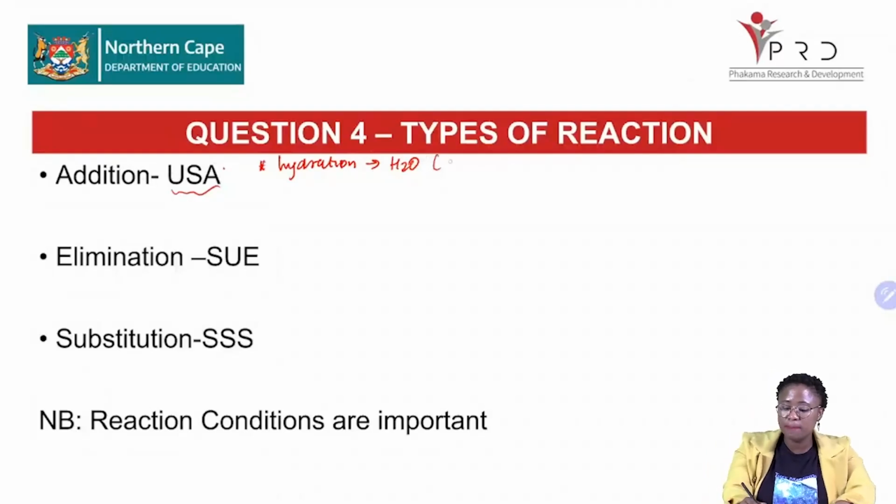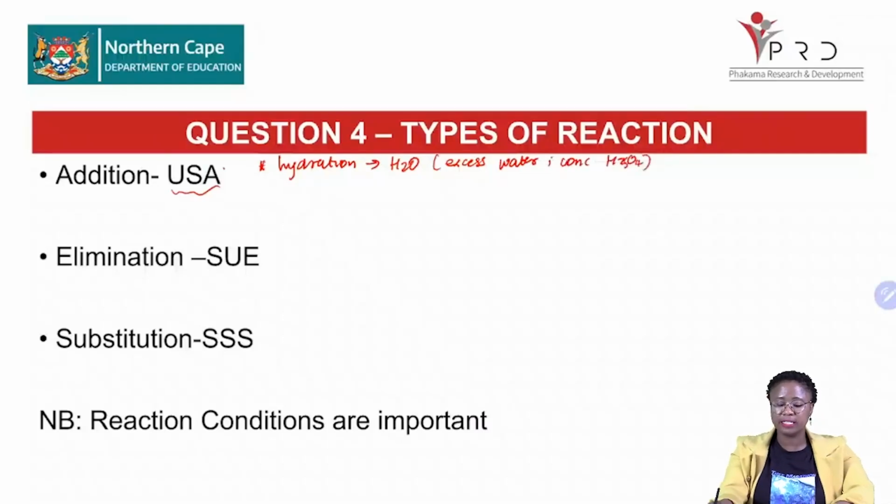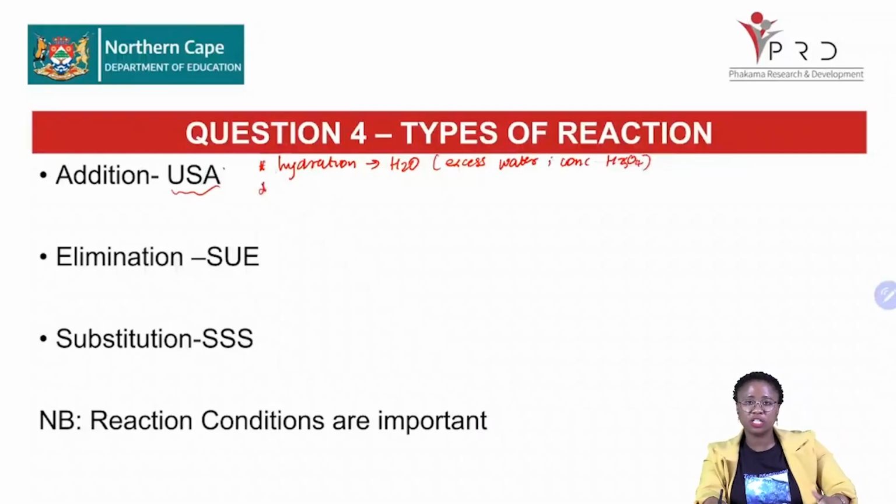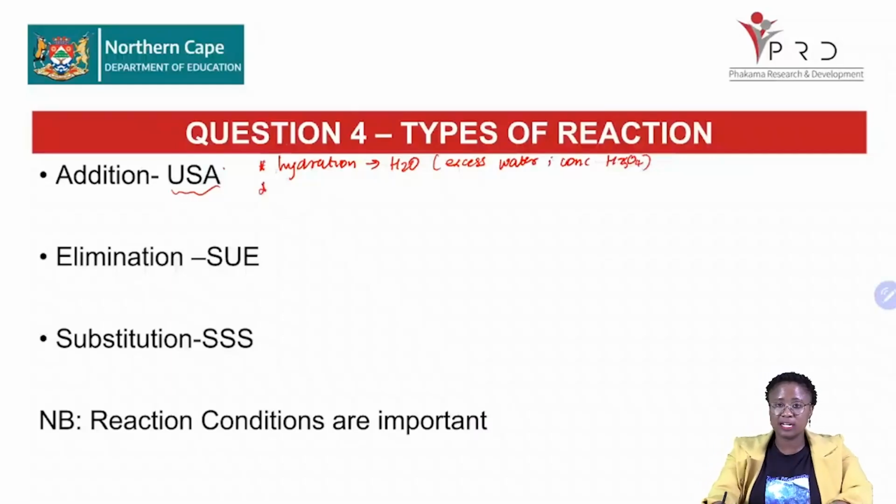Because there is water, you need more water for the reaction to happen, so we have excess water as a reaction condition. We also have concentrated H2SO4 as a reaction condition. It is very important to remember the type of addition reaction and the reaction conditions, so that it will be easy for you when you are dealing with this chapter.